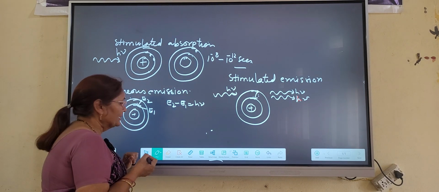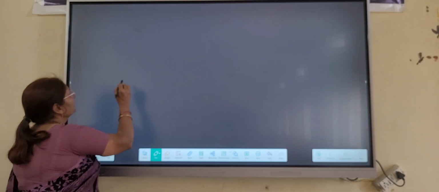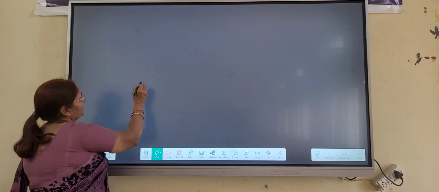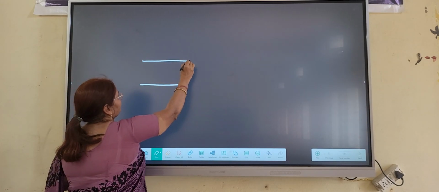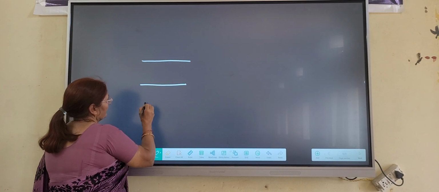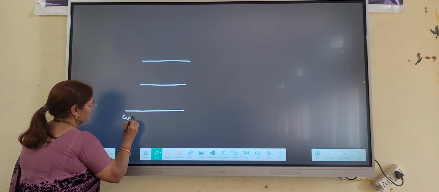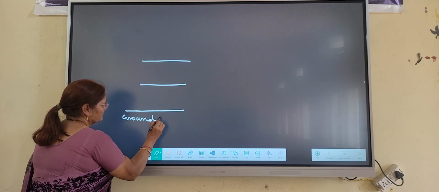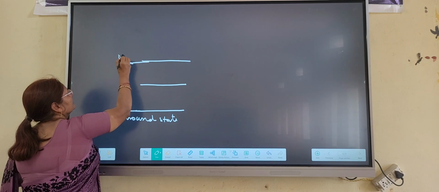Now, after this we will study a three-state system. This is one state, the ground state. This is the excited state.